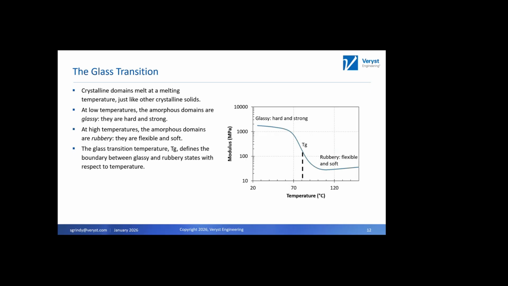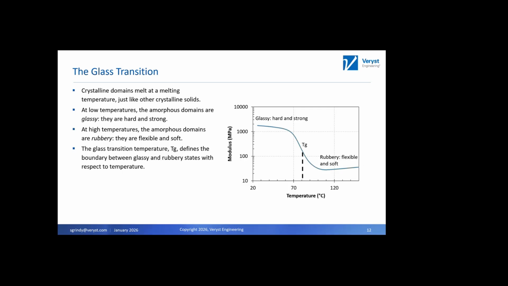Now I'd like to talk about the glass transition. This is a thermal transition in polymer materials that is not really seen in what we call other engineering materials like ceramics and metals. In semicrystalline polymers, the crystalline domains melt at a melting temperature, just like crystalline solids do.